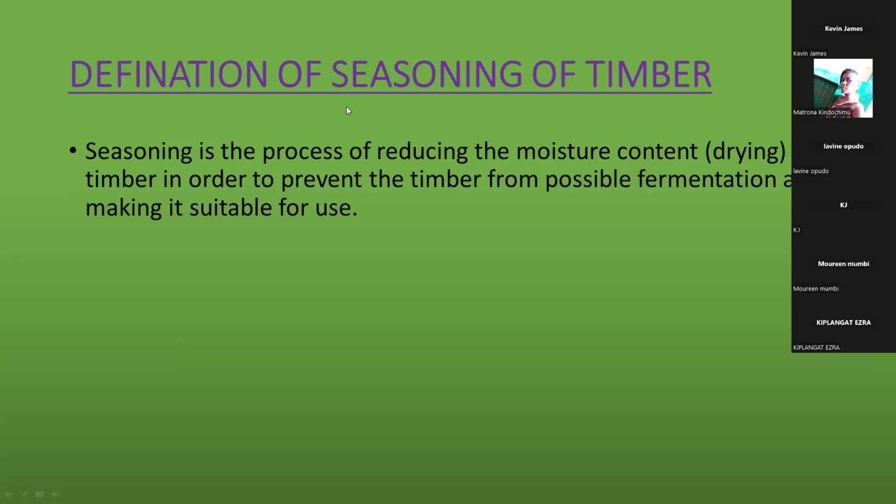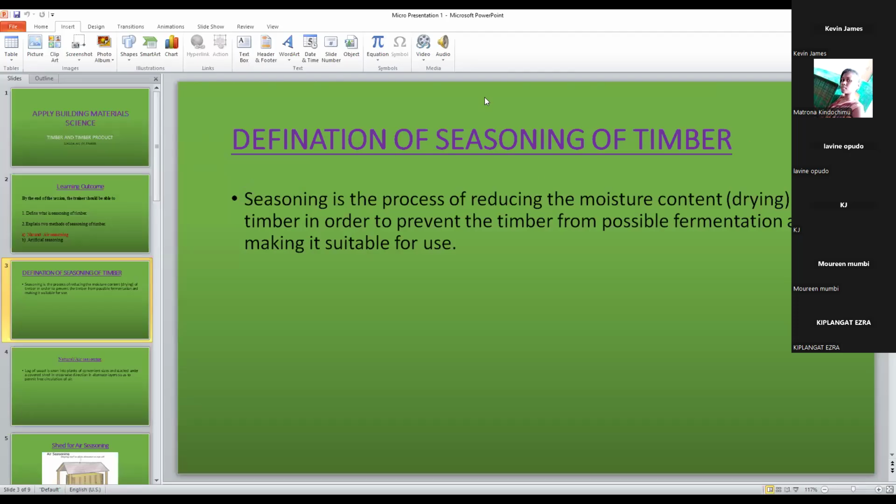Seasoning of timber refers to the process of reducing the moisture content or drying of timber in order to prevent the timber from possible fermentation and making it suitable for use. Yes, that's the definition of seasoning of timber. The process of reducing the moisture content of timber in order to prevent the timber from possible fermentation, making it suitable for use. Are we together?